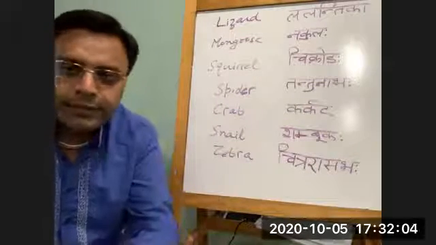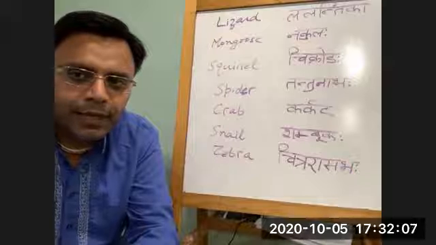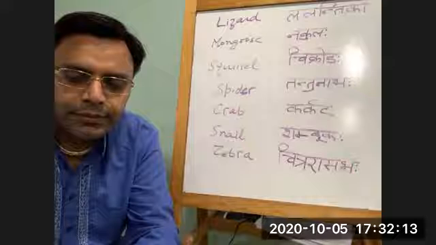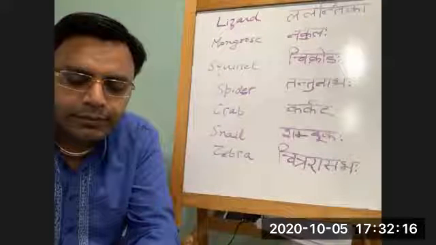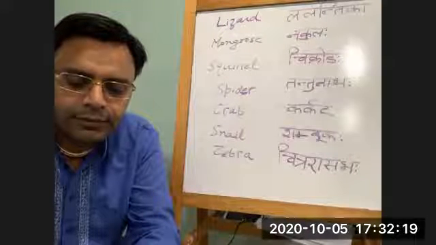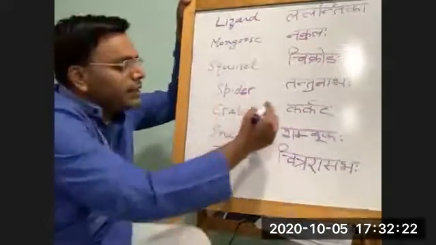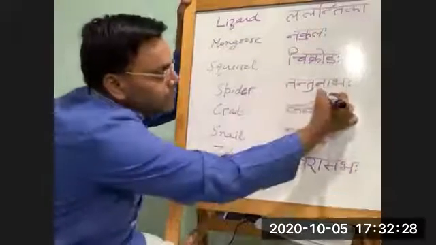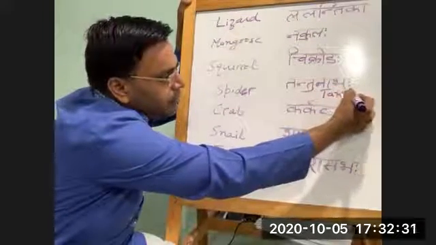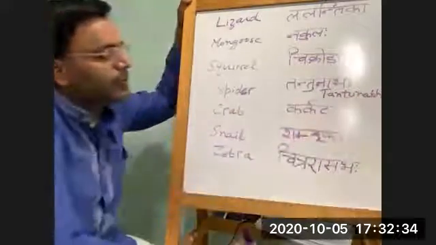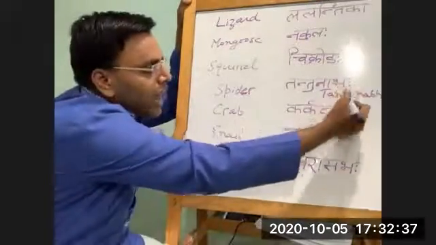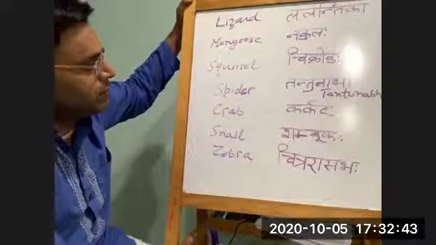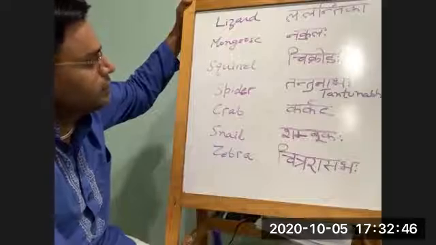Hare Krishna Prabhuji. My question is, how do we say squirrel and spider? The spider is Tantunabha. Tantu. Okay, Tantunabha. Then what is squirrel?